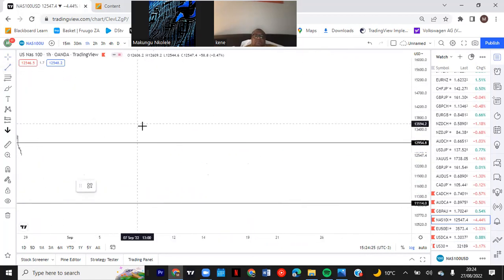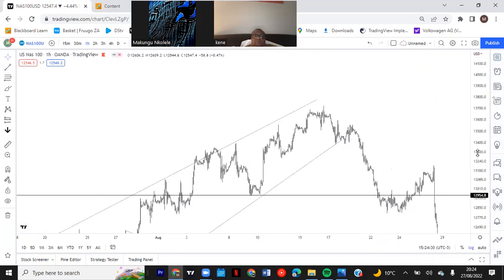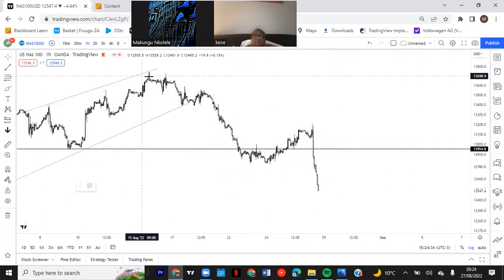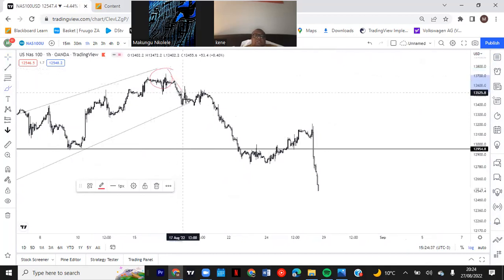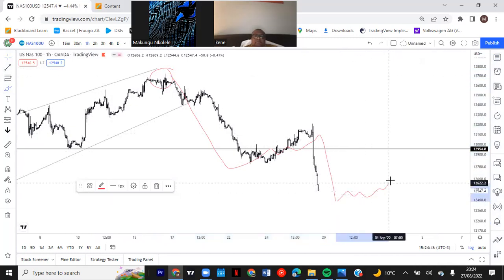And if I zoom in, you can see that we had a huge impulse from this point, followed by a correction and an impulse, which means the following phase will be a correction, which will probably be early Tuesday to the downside.